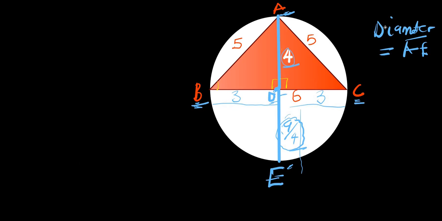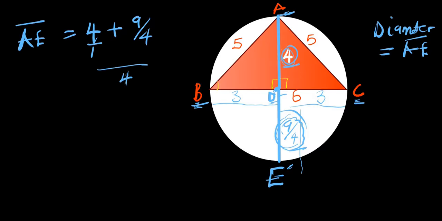So from here, we have length AE, that is the diameter, equals the 4 here. We have 4 plus the 9 over 4. And this 4 over 1, the LCM here is 4. 4 divided by 1, 4. 4 times 4, we have 16. Plus 4 divided by 4, 1. 1 times 9, we have 9. So we have AE here equals 16 plus 9. That is 25 divided by 4.